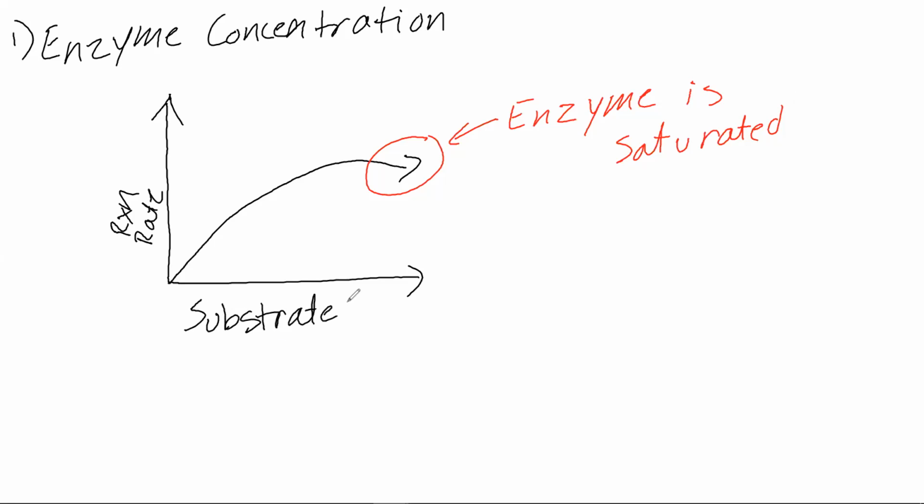At some point it'll plateau because there's only so much substrate I can add that the enzymes can keep up with. Because remember, the body only produces so many enzymes. And if there's too much substrate, the enzymes only work at a certain rate. So no matter what type of reaction, whether you're looking at the enzymes or the substrates, one of the things will be saturated at a higher concentration. Does that make sense?